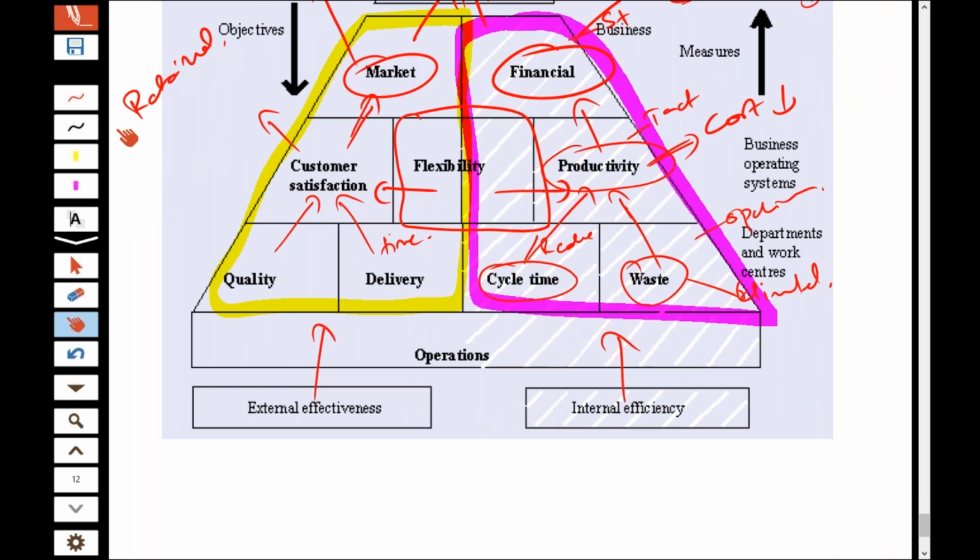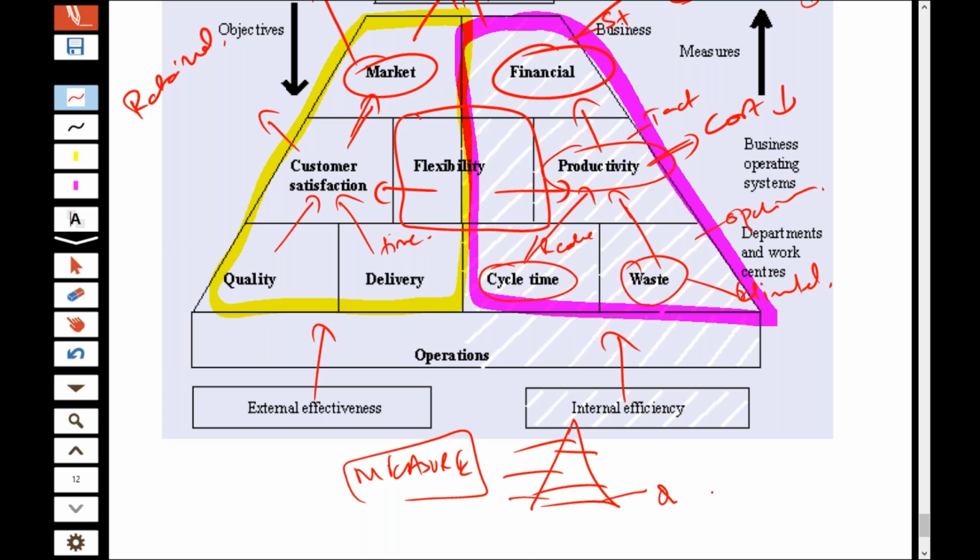When we implement the performance pyramid in an organization, we measure the performance of the entity at these three different levels. And we measure the performance using these indicators: quality, delivery, cycle time, waste; customer satisfaction, flexibility, productivity; and the market and the financial.